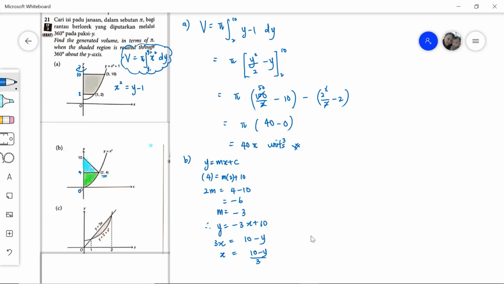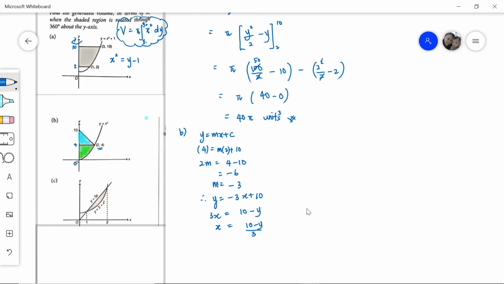Therefore, we square this part so that we can integrate it later. Over here, we can write 1 over 9, 10 minus y squared.